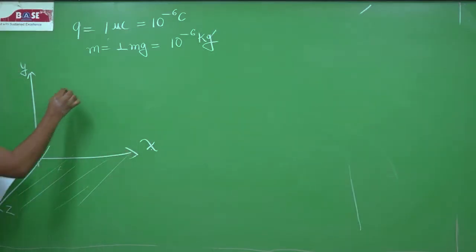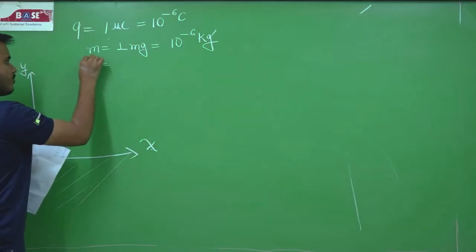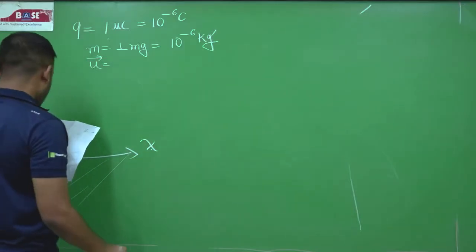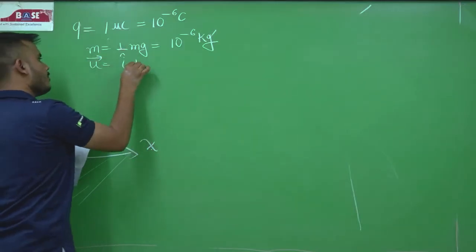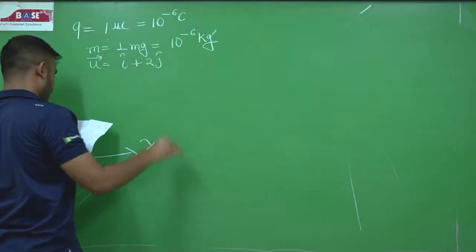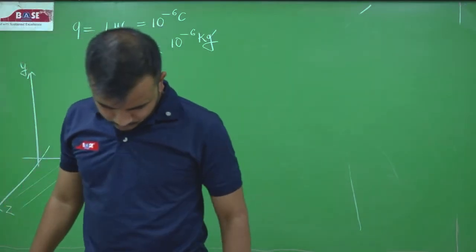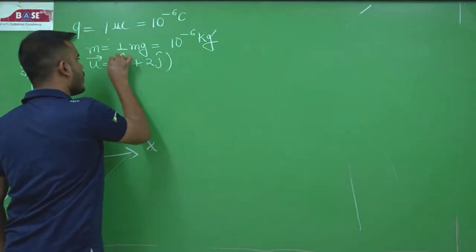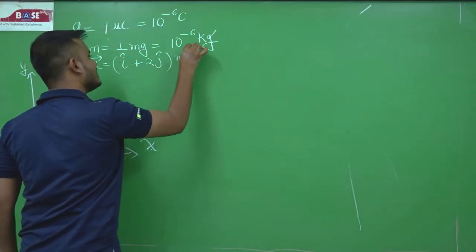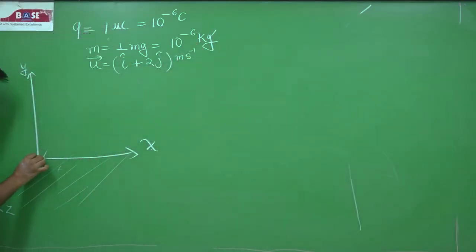The particle is entering here, and the initial velocity of the particle is i cap plus 2 j cap meter per second, as given in the question. So let's say the particle is entering here with the initial speed u.